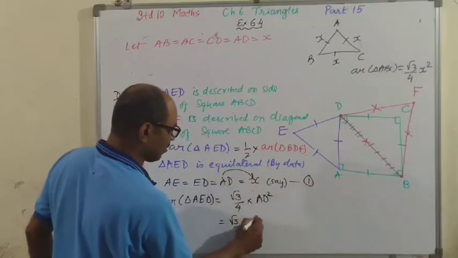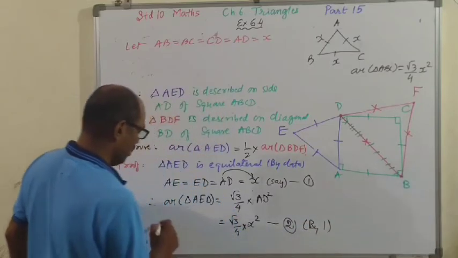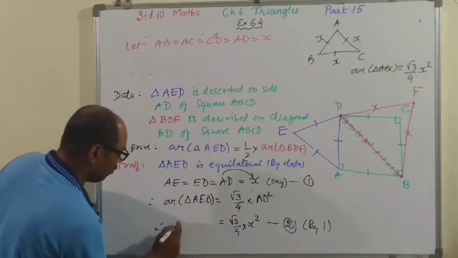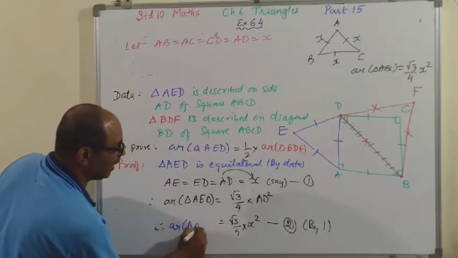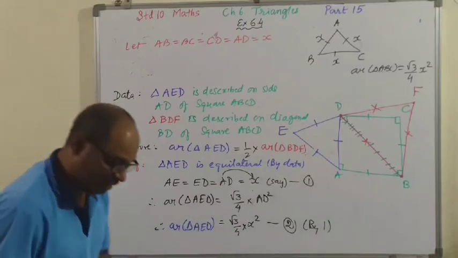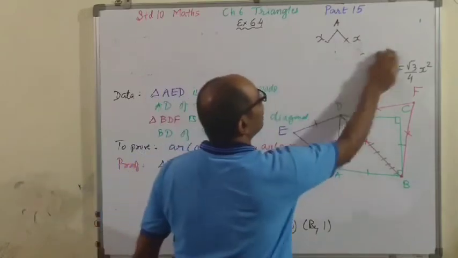X. So X square. Result 2. Therefore, area of blue triangle AED is equal to this in result 2.